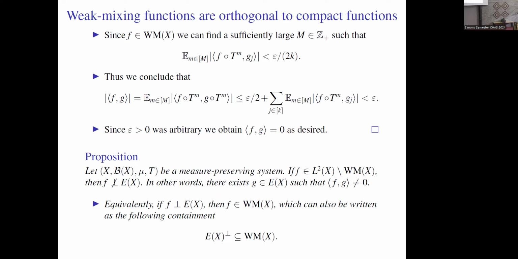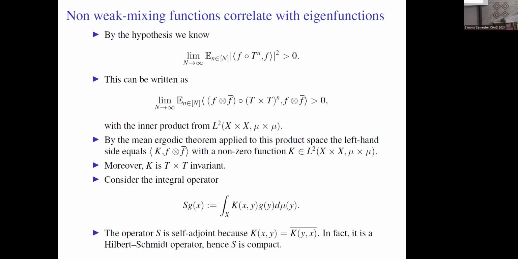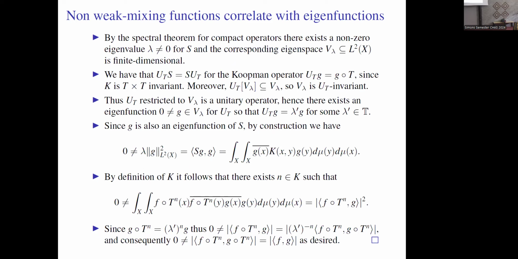The other thing is we have to show that the orthogonal complement of this is contained in the space of weakly mixing functions. This inclusion requires some work. It is based on some basic theory of Hilbert-Schmidt operators. We use the fact that Hilbert-Schmidt operators are compact, and this requires some amount of work.